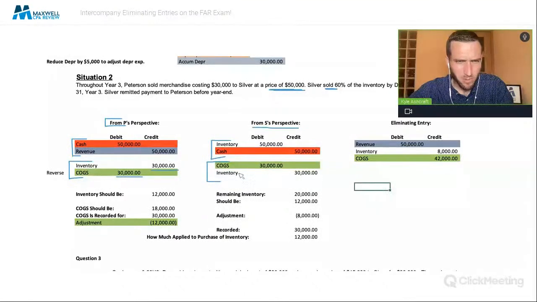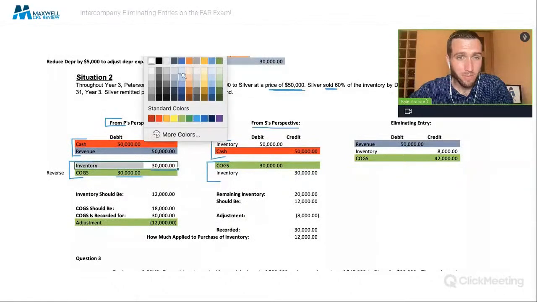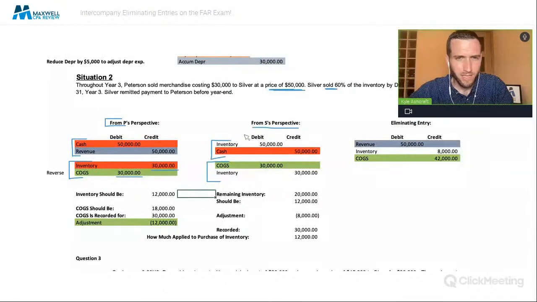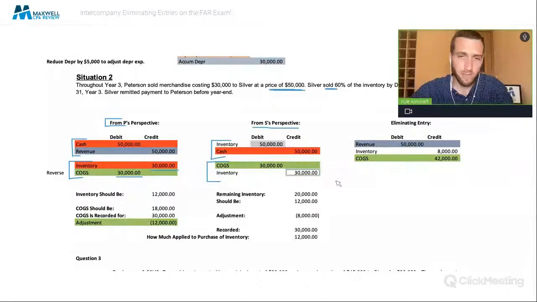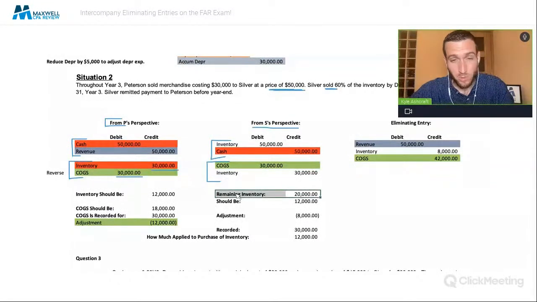And then we have the inventory. So this 30,000 we don't do anything to because it actually did leave the parent's books. For the subsidiary, they have a current balance of 20,000, the 50,000 initial inventory, and then they wrote off 30,000 of it, so they have 20,000. So it's currently recorded at 20,000, and then what should it be recorded at? Well, if they sold 60%, they should have 40% remaining in inventory.